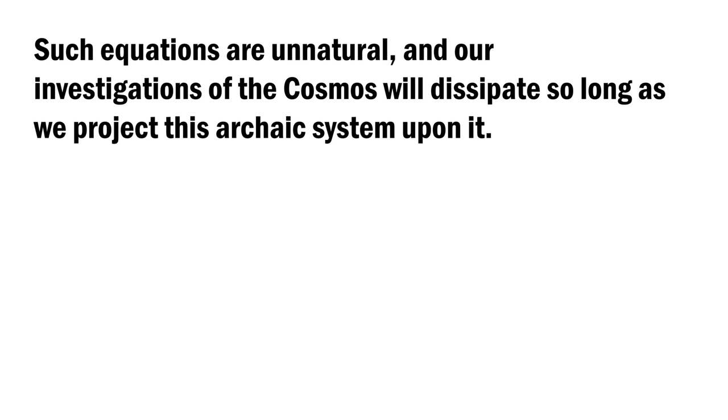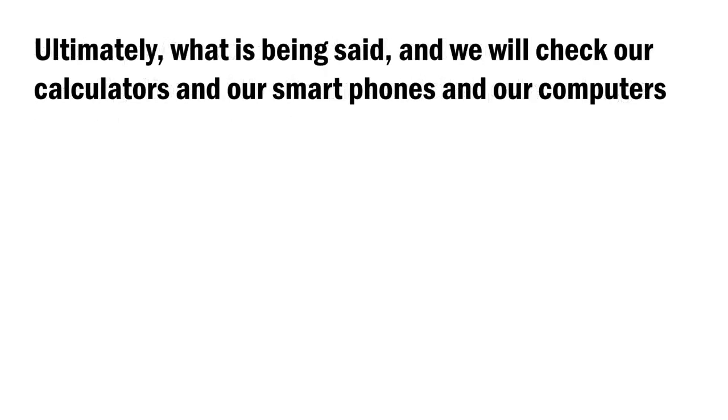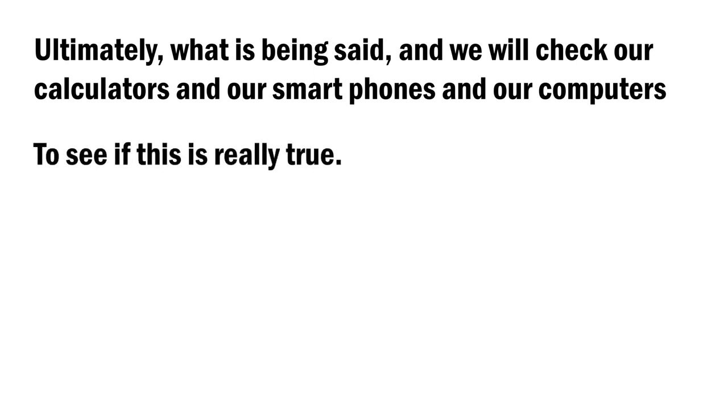Such equations are unnatural, and our investigations of the cosmos will dissipate so long as we project this archaic system upon it. Ultimately, what is being said, and we will check it with our calculators and our smartphones and our computers in just a moment, just to see if this is really true.